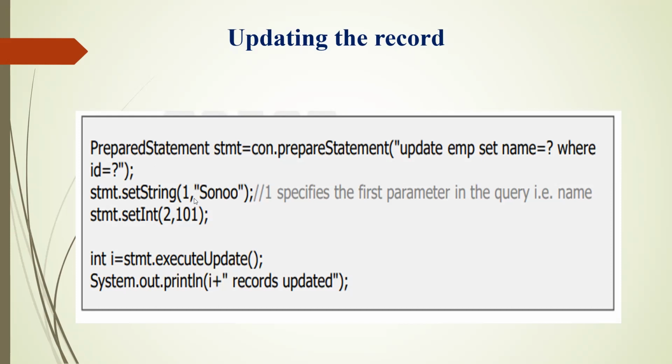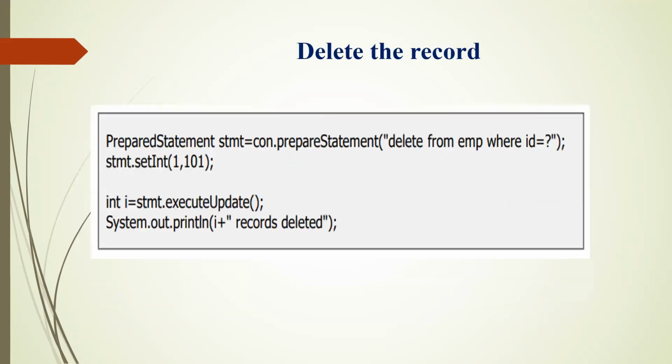Now this should be executed in the database, so we give statement.executeUpdate(). This Sonu will be updated in the database table emp. How many records are changed? One record, so i will be 1. It will print 1 record updated.